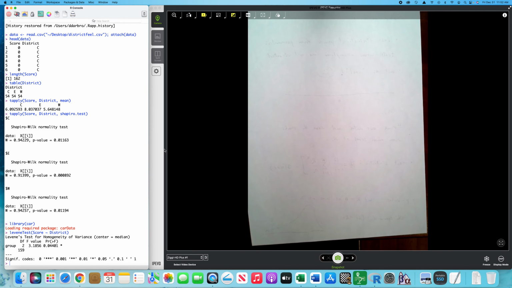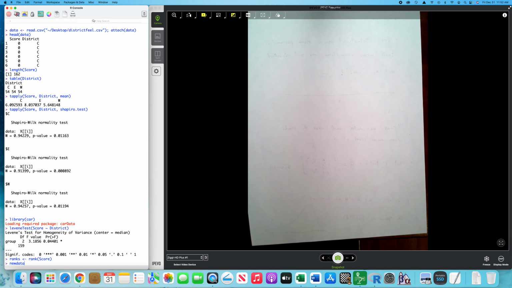So the next thing we want to do is, because these non-parametric tests use sums, I need to rank our data. So it's really easy to do. I'm just going to call it ranks. So I want to rank the scores. I always forget whether it's score or scores.